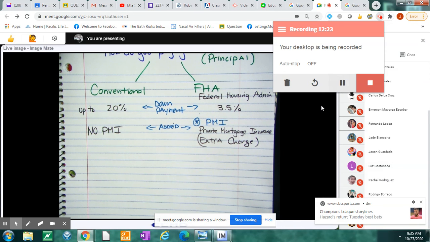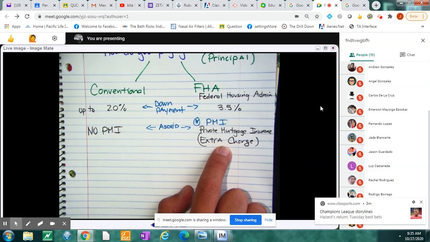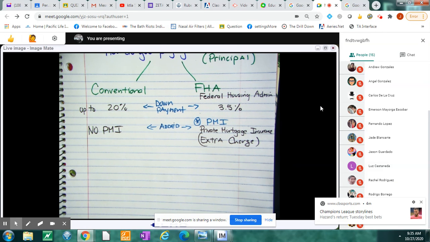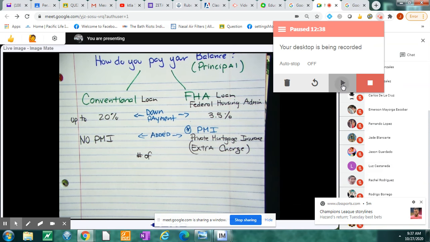The only new thing that I'm telling you guys right now is this part right here, the PMI, okay? The FHA has PMI. So now the next part is how are the terms paid? I'm trying to figure out a good way to write this.